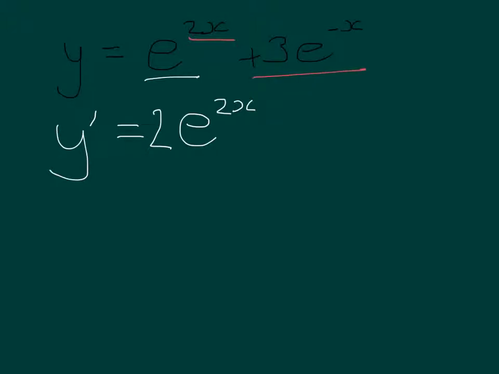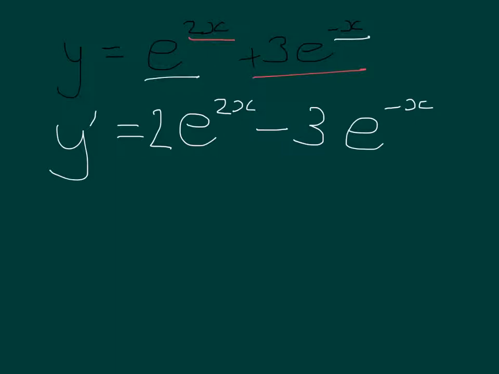So this term says, leave the e to the minus x alone because that won't change. But I need to multiply by the differential of my function inside my function. So that's going to be -1. So that'll be a minus. And my 3, well, it just sort of stays there. It doesn't affect everything. This is being multiplied by 3. So it comes outside the differential. So I just get that.